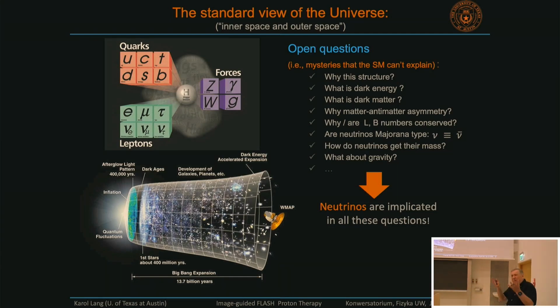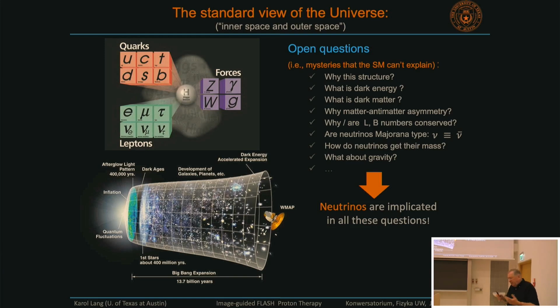But there are big questions about the evolution of the universe, the asymmetry of matter and antimatter in the observed universe. What is dark energy? What is dark matter? The list is long, and you can add more to what I listed there.